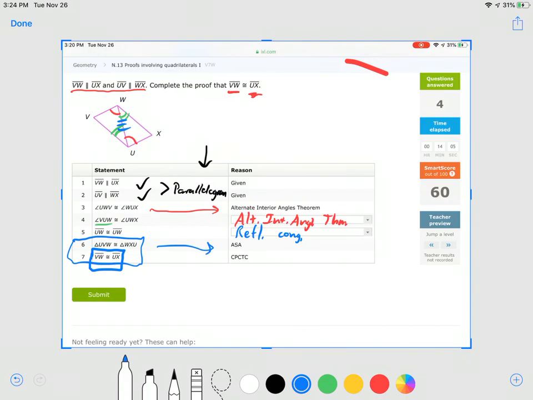They use ASA to say that the two triangles are congruent. So triangle 1 on the left here is congruent to triangle 2. And then, of course, the individual parts have to be congruent to each other. Basically we're breaking up these quadrilaterals into a couple of triangles to do all these proofs, because we know so much about triangles already.